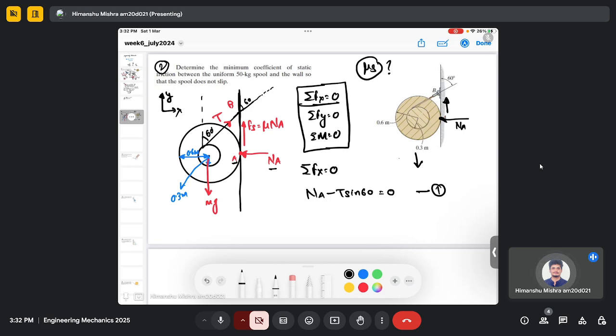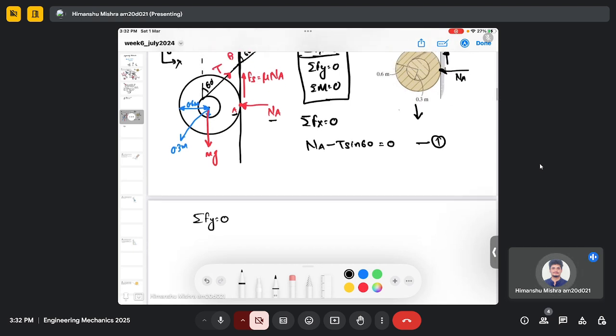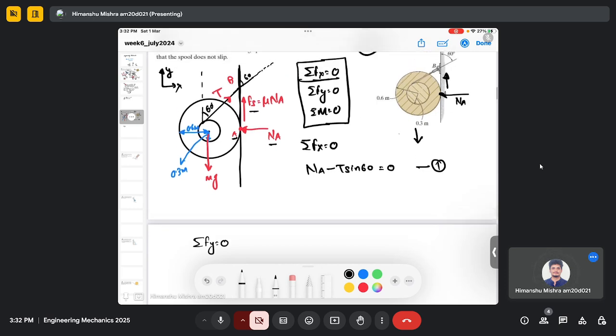Of course we cannot determine mu from equation 1 because we require the friction force. So when we consider the force balance and equate it to 0 in the vertical direction, then we can consider this friction force, which is completely in the y direction, and we have a weight to balance it, and we also have the component of the tension force.